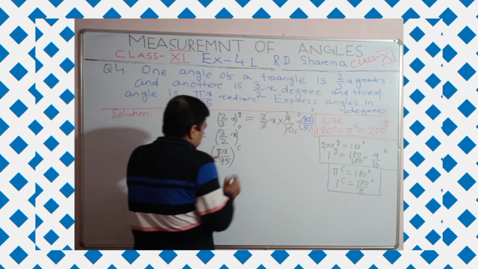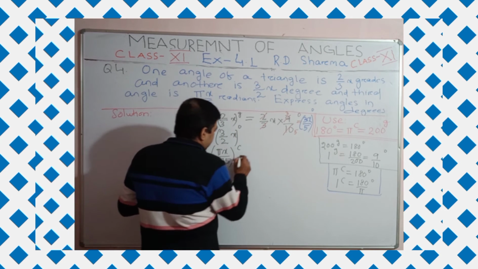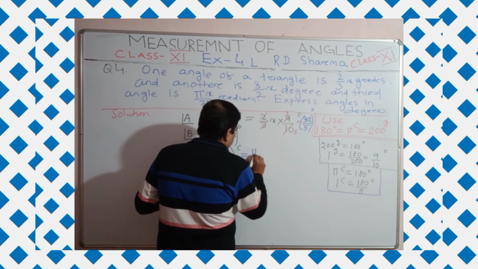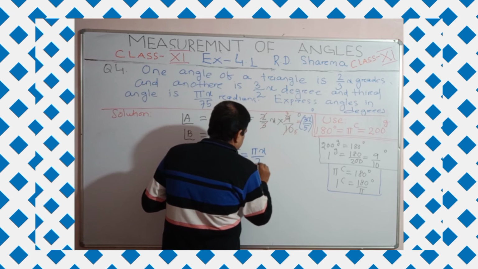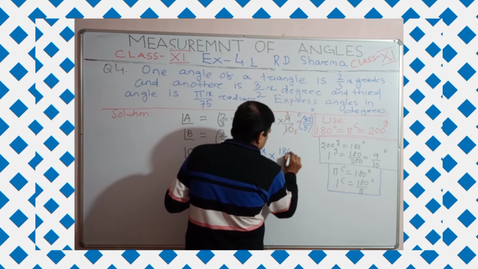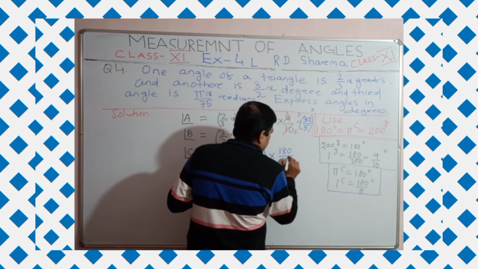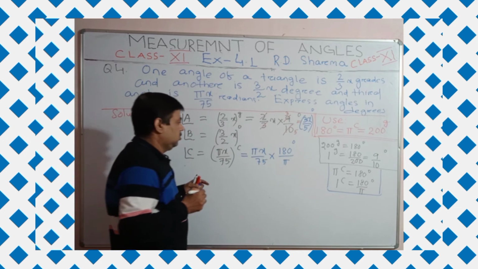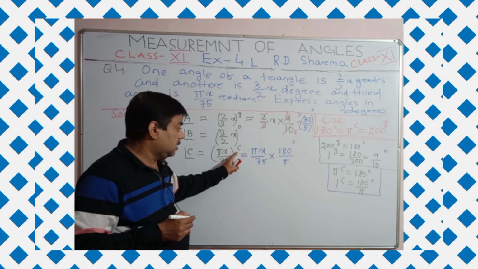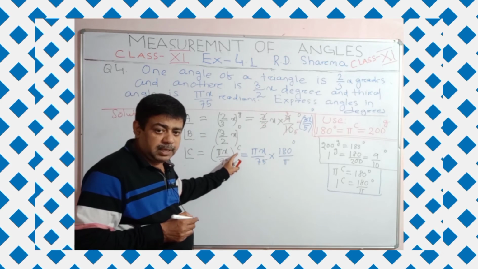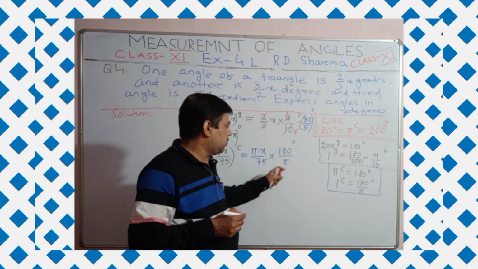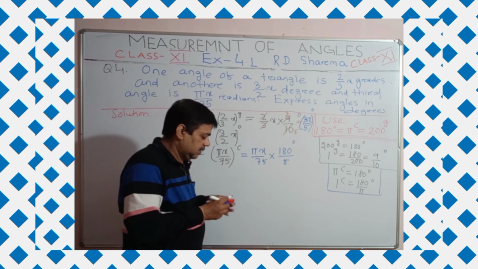So pi x by 75 radian can be written as pi x by 75 into 180 by pi degree. C stands for radian in the symbolic representation, so we are converting into degree by multiplying by 180 upon pi. Yes or no?